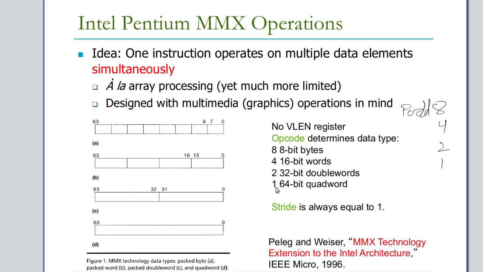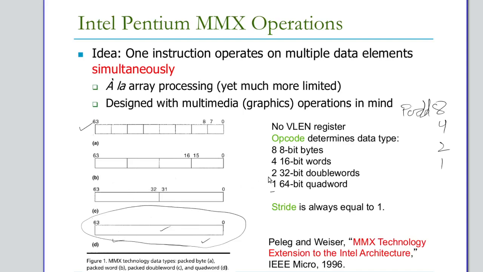So if it was a 64-bit register, then 1 means you are using this as a single register, one data only, of 64-bit.